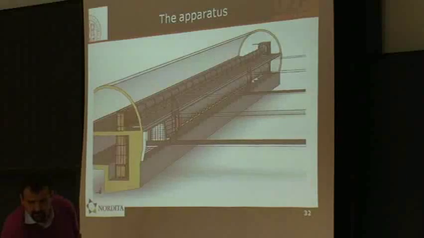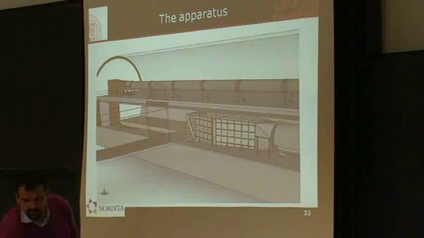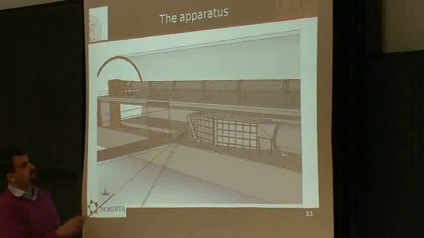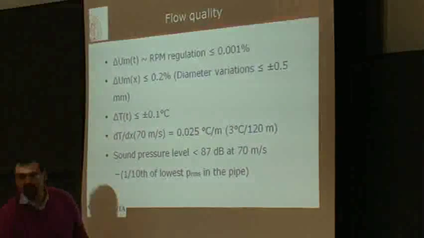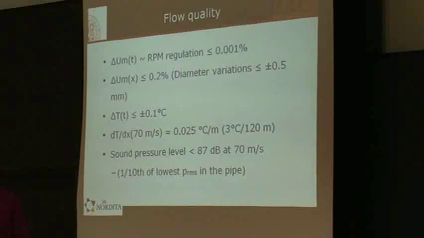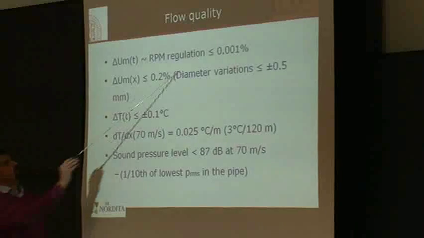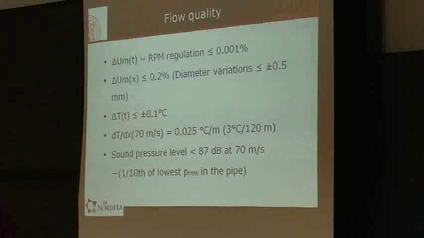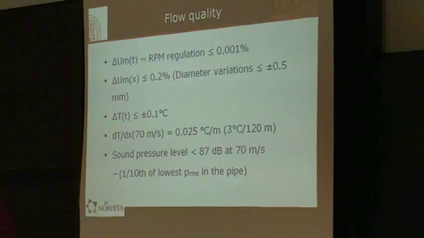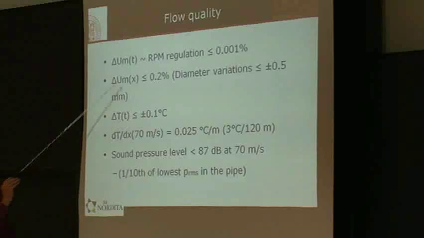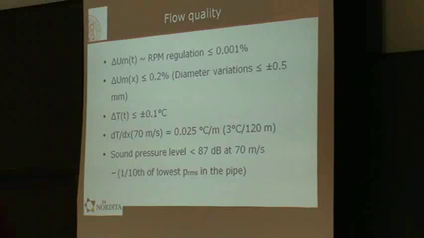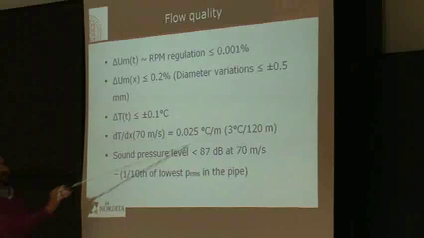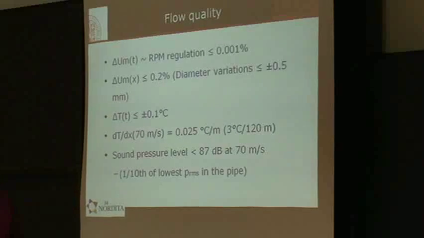This is how the apparatus will be installed in the tunnel. Here you can see the access to the second tunnel, and the escape, of course. The flow quality: you can regulate the speed with a precision of 0.001, so it's 0.01 per meter, and we have temperature control of 0.1 degree, and of course we have a temperature gradient in the pipe which is limited to 0.25.